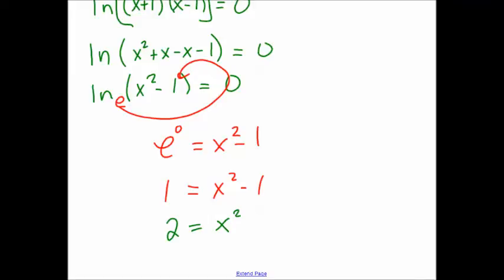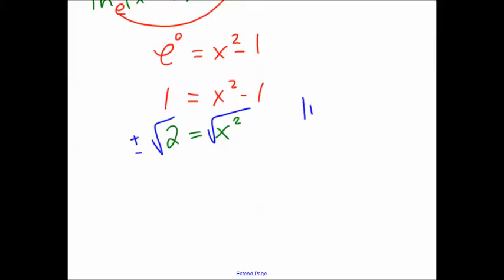And I go ahead and take the square root. Remember that when we take the square root, we always have to do plus or minus. But we have to be careful because then we talk about the domain of our log graph. And we know that our argument always has to be positive, right?